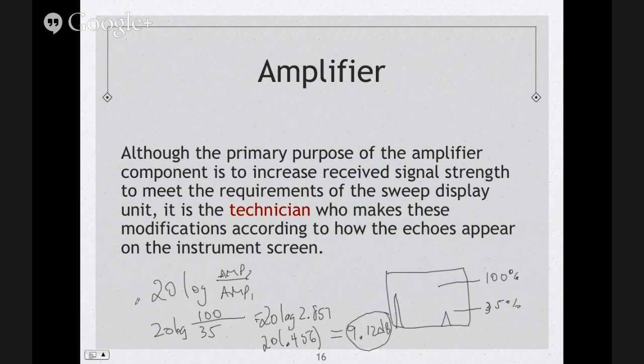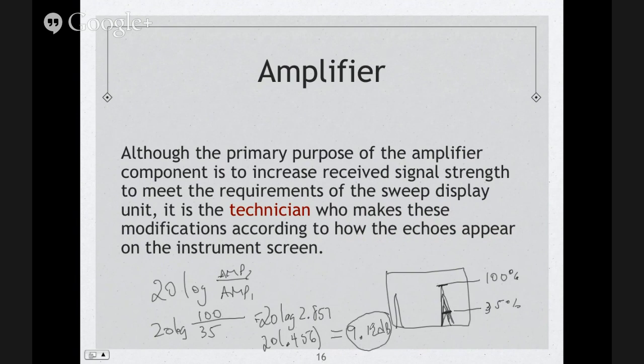But you don't have to be doing all this calculation, right? When you're doing it with the machine, it does it for you automatically. So what you can do is you press on the gain setup on your machine, and you start increasing your gain until you see this start coming up to whatever value you want. But you will find out that when you hit 100%, if you were to record the gain you had here, and you start increasing your gain until you get to 100%, you can get this gain, subtract this one, and you'll see that you increased 9.12 decibels.